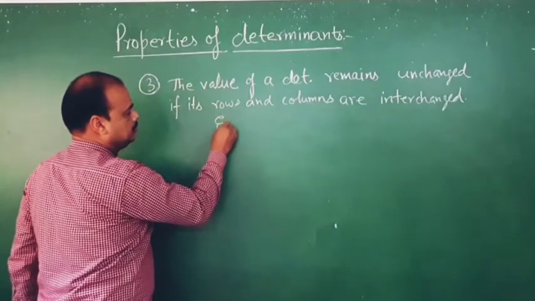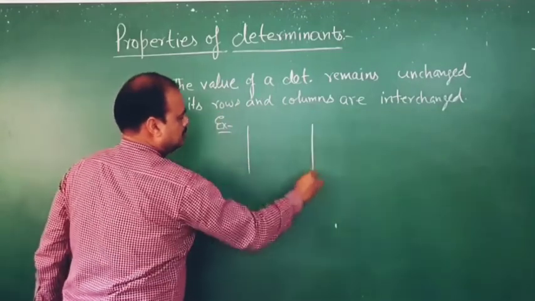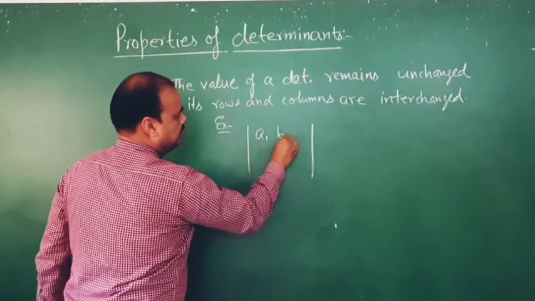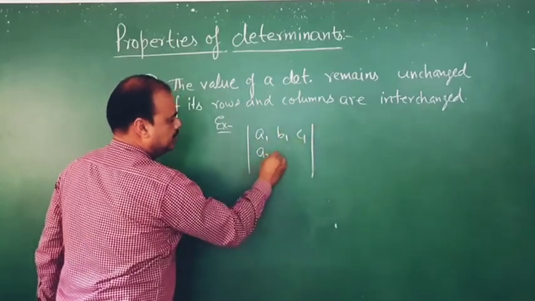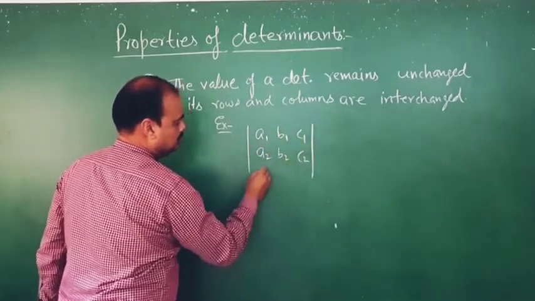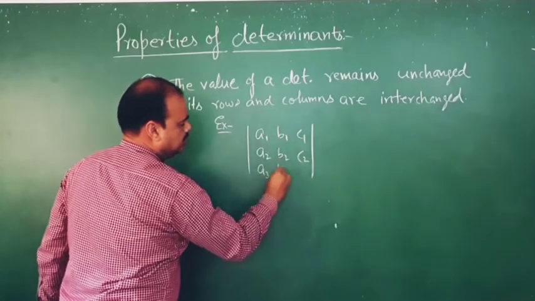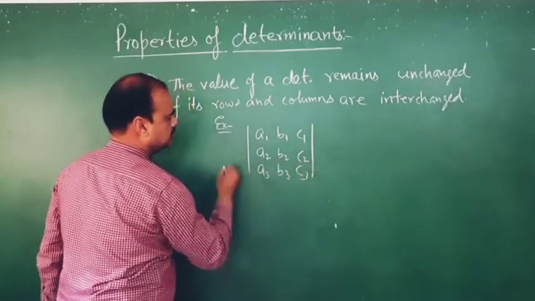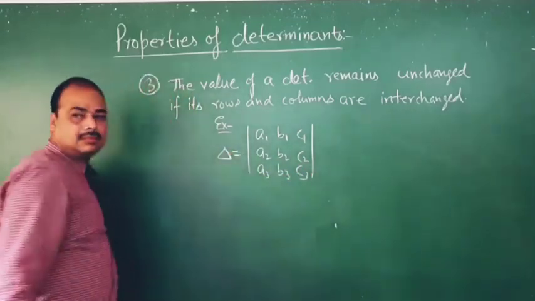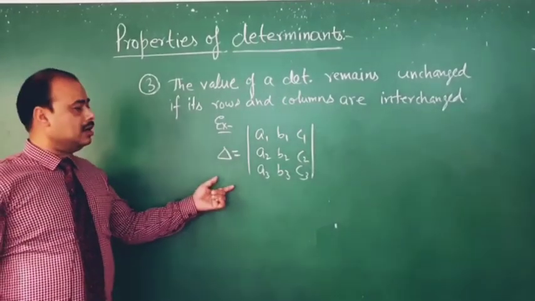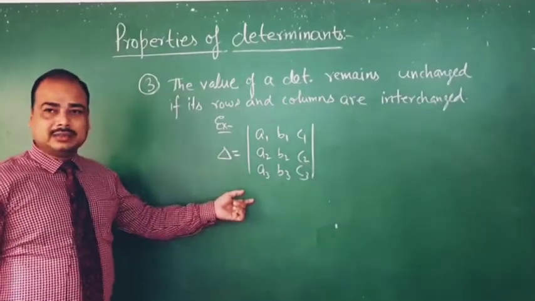Example, A1, B1, C1, A2, B2, C2, and A3, B3, C3. This is an order 3 determinant.